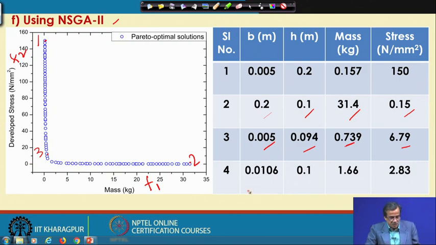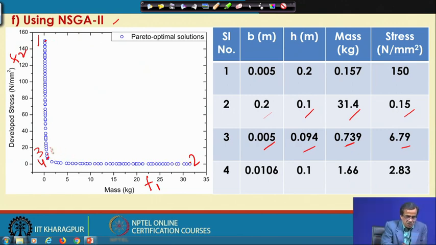Next comes solution 4, that is B is 0.0106, H is 0.1, mass is 1.66 and the stress is 2.83. So, it might be here, this could be your point 4. Similarly, we have got other points.